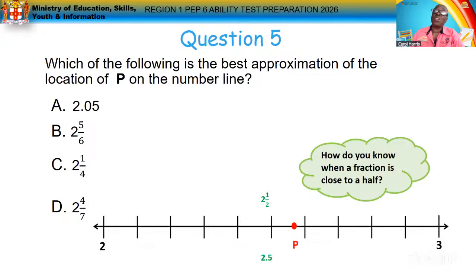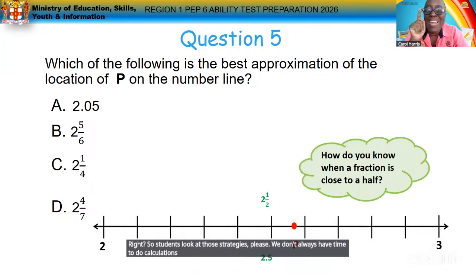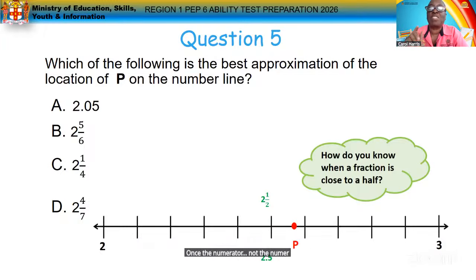All right, so students, look at those strategies, please. We don't always have time to do calculations, but we can eyeball something and learn the strategy of using benchmark fractions. We name fractions based on the denominator. So let's talk about it from the denominator end.